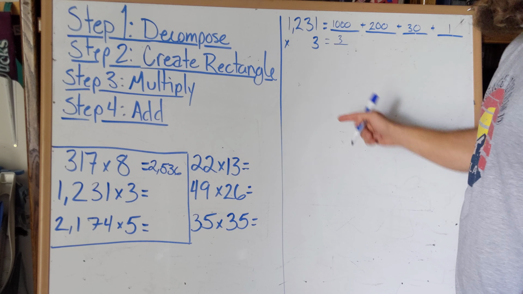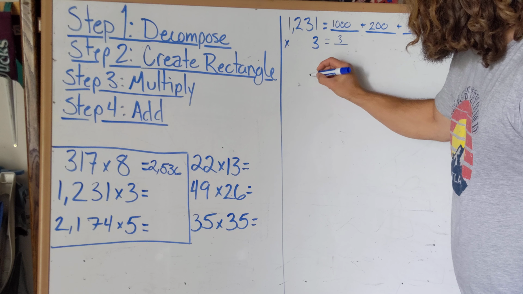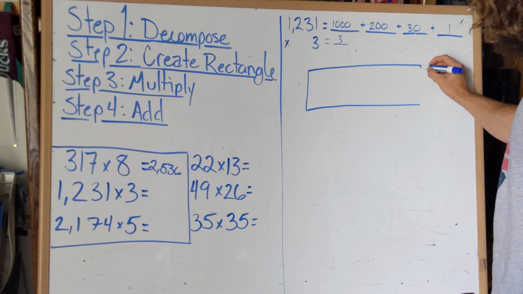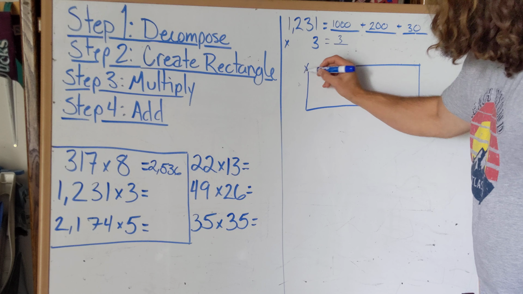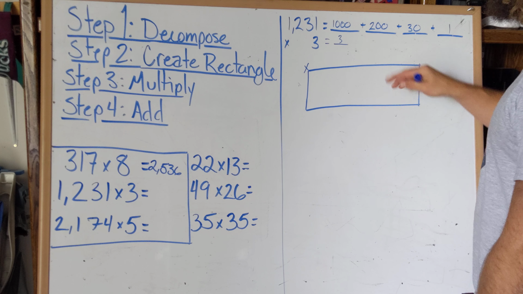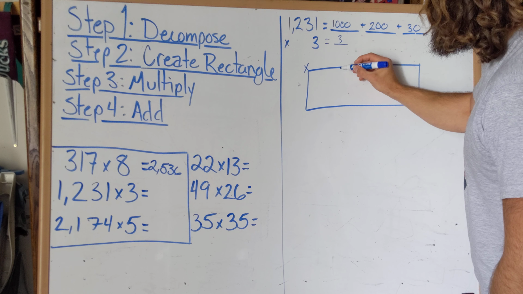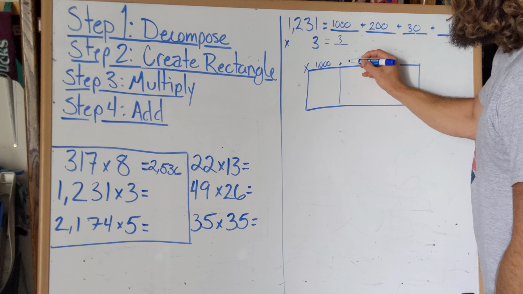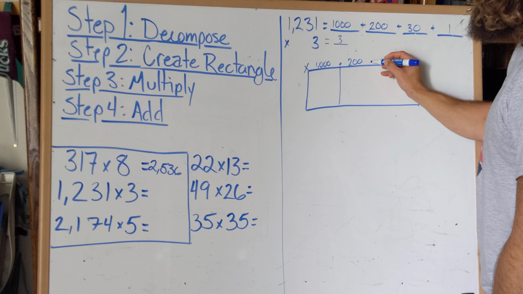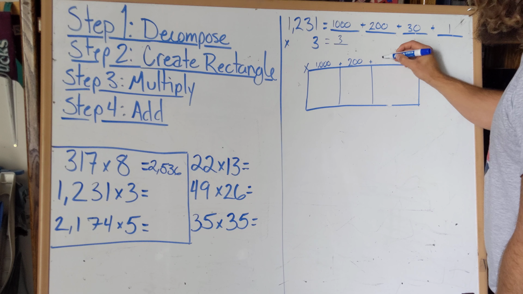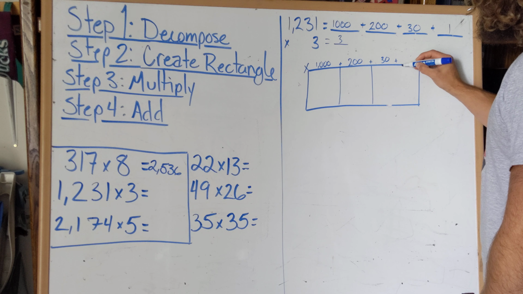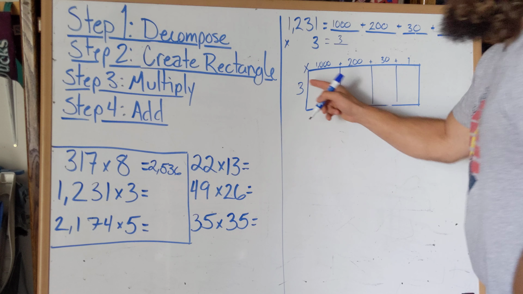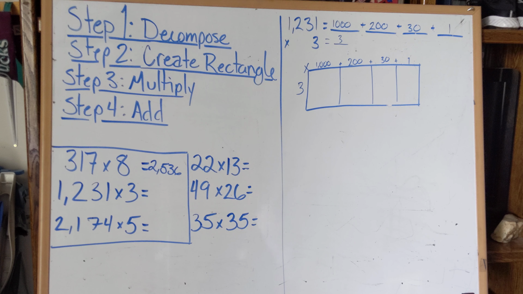I have 4 numbers across and 1 number down. So just like this, making sure your multiplication symbol's in the corner. 1,000 plus 200 plus 30 plus 1, and then I have 3 across the bottom.